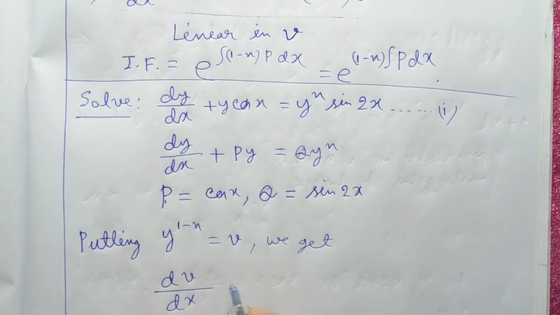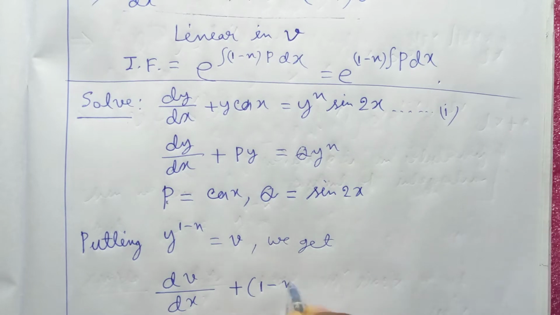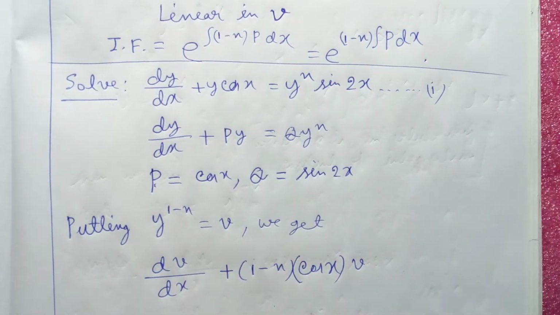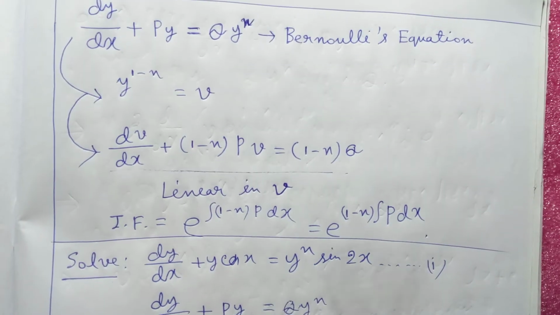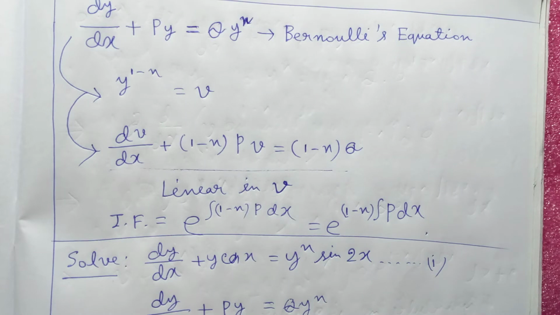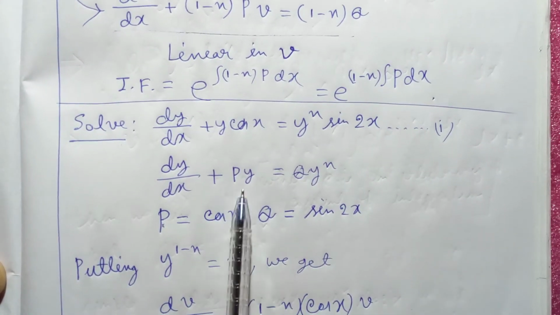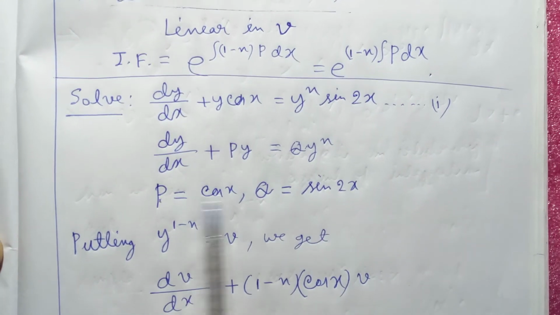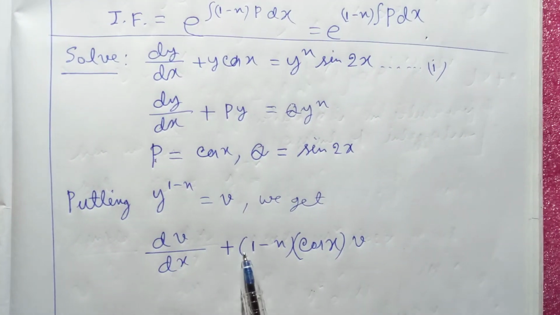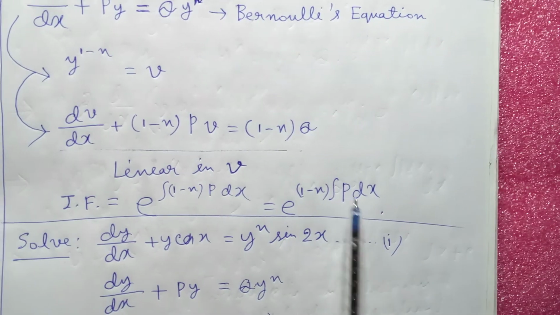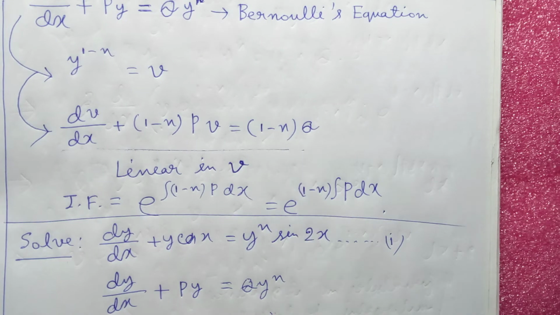dv by dx plus 1 minus n cos x into v. Here we get dv by dx plus 1 minus n p into v. Here p is cos x. Therefore, 1 minus n into cos x into v. And here we get 1 minus n into q.